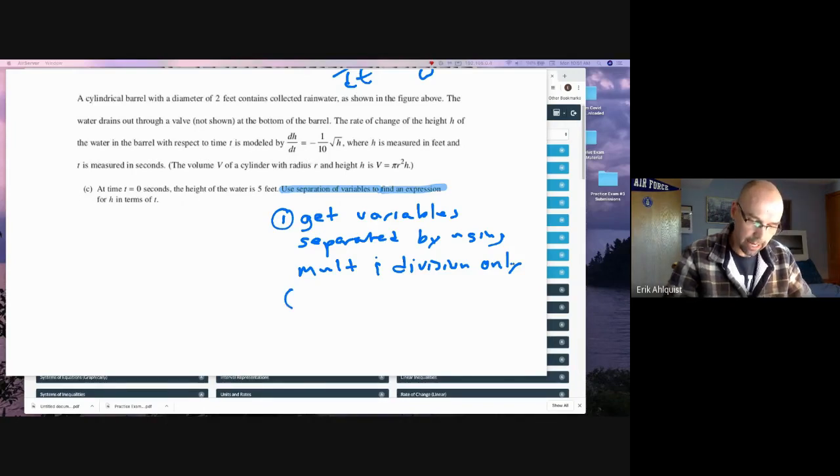Along with that, don't move constants that are multiplied.